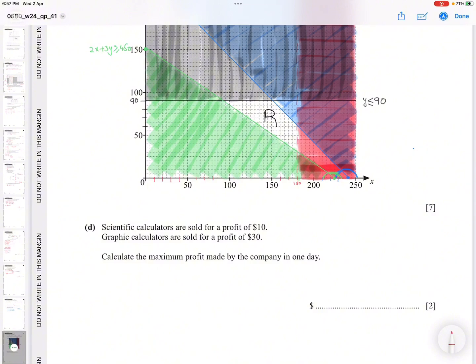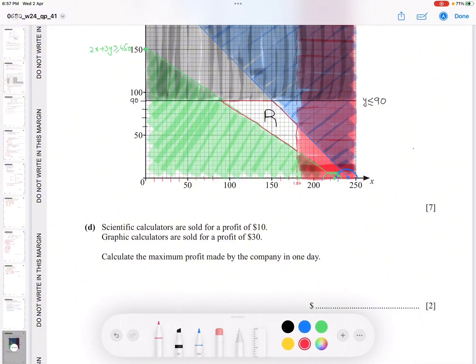You see the boundary line. This is actually our part, which is the required region. So if you take any value in between these, the x coordinate and the y coordinate, and you calculate the profit, the maximum profit you can get is by taking this point.